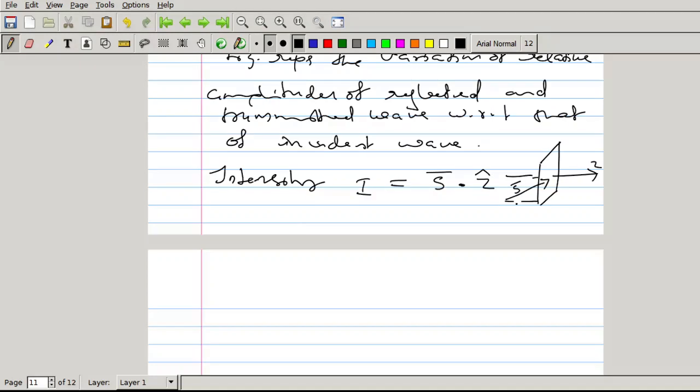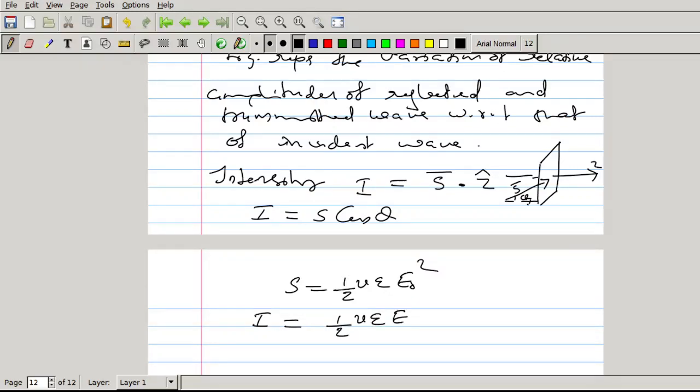So for the incident wave, it is making an angle theta I. So the incident wave intensity, you can take it as s, and the dot product will be cos theta. What is s? S is half v epsilon E0 square. So the expression for intensity will be half v epsilon E0 square cos theta.